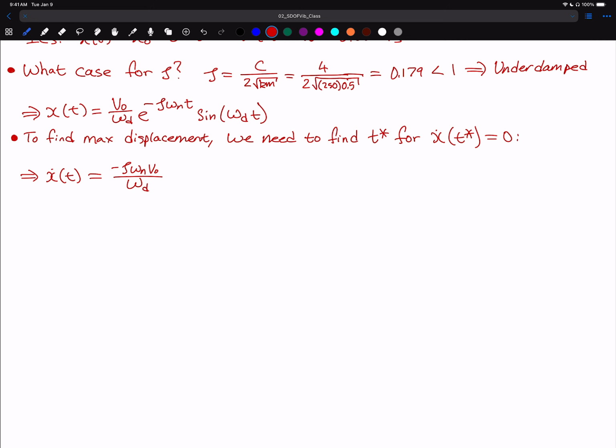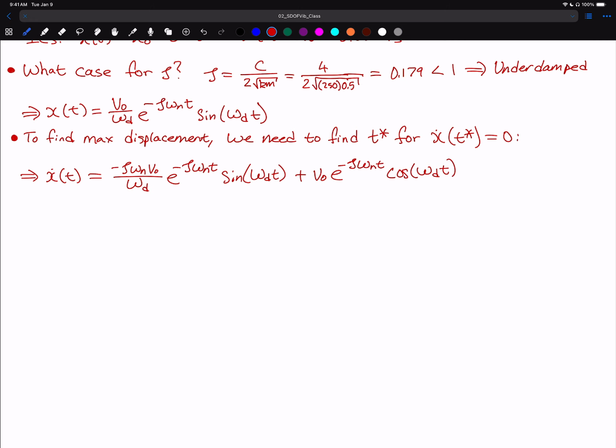We still have the exponential, so we'll have e to the minus zeta omega n t times the sine of omega d t, plus v0 times e to the minus zeta omega n t times the cosine of omega d t, and here we eliminated the omega d in the denominator through that derivative.